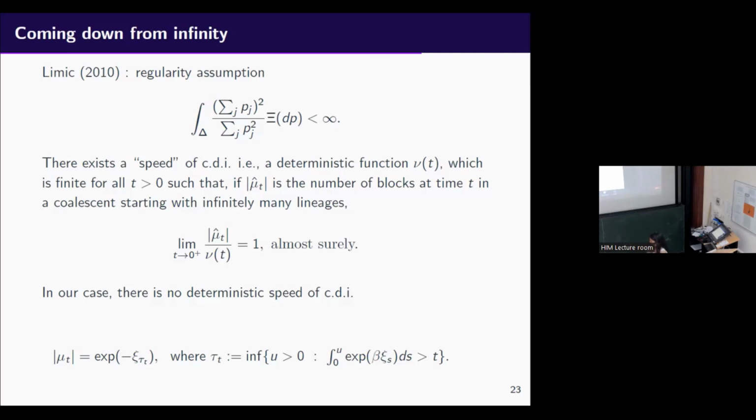Our Xi-coalescents do not satisfy this regularity assumption, so in our case there is no speed of coming down from infinity. You cannot approximate it by a continuous function, because your block counting process, even in the limit, is a jump process. So your process is jumping down from infinity.